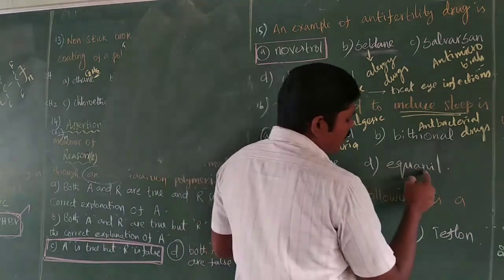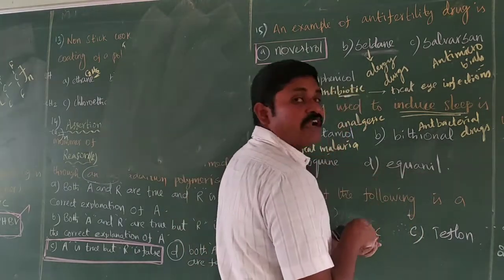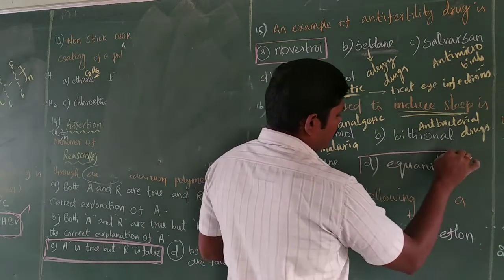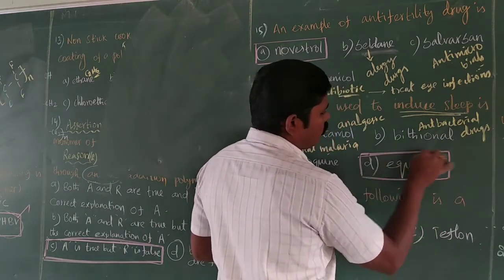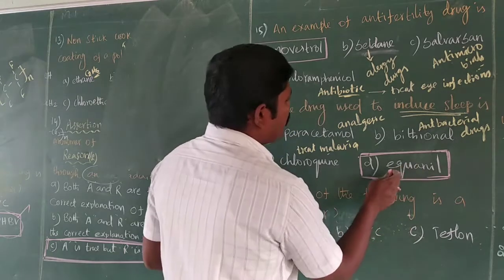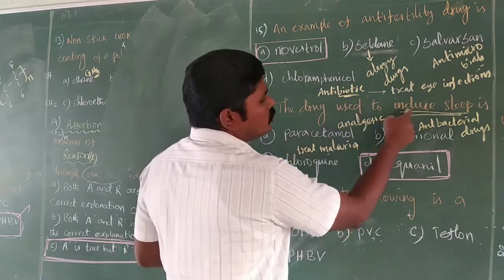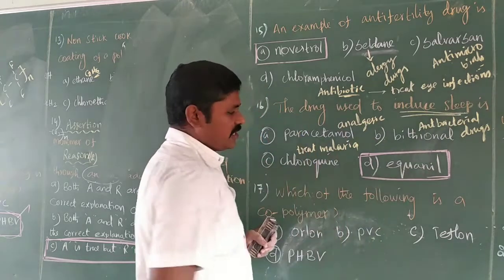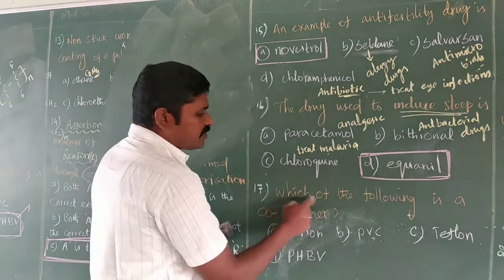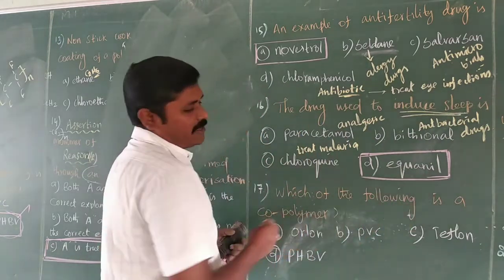The eucanil is a tranquilizer. So induces sleep, right? The drug eucanil is used to induce sleep. Option D. Which of the following is a copolymer?